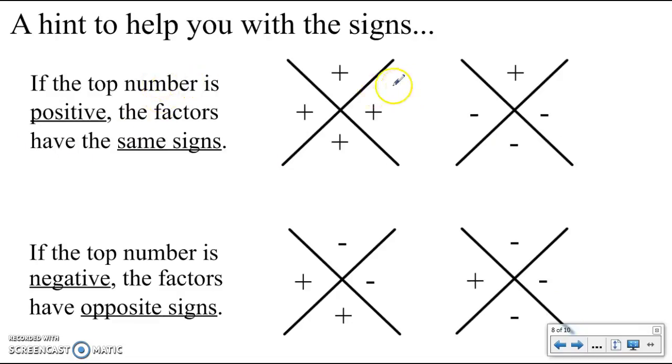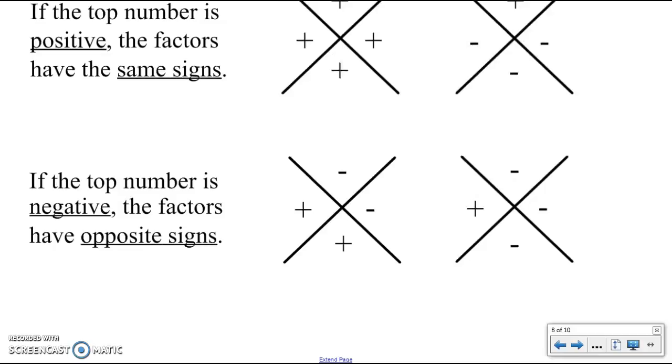If the top number is positive in your x, that means both the side numbers have to be the same sign. So if the top number is positive and the bottom number is positive, then the sides are going to be positive as well. If the top number is positive and the bottom number is negative, both sides will be negative. If the top number is negative, then we have to have one of each.